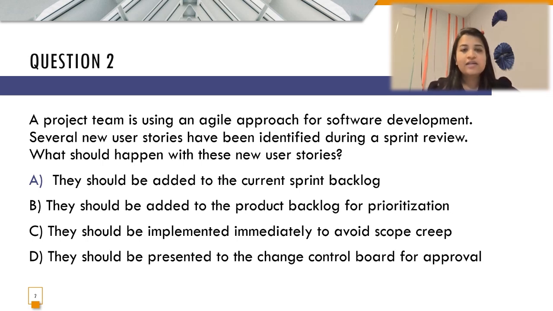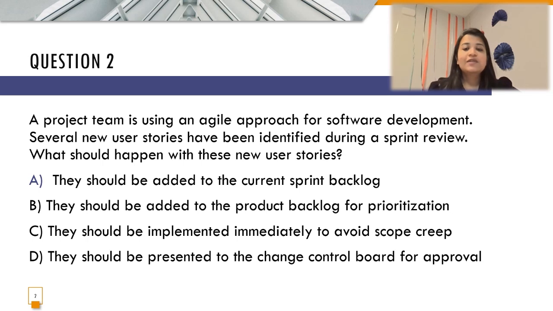So given the current scenario, the new user stories should be added to the actual product backlog and wait for the product owner to prioritize them, so that we are able to build an MVP that holds much more priority and importance given the product that we are working on.